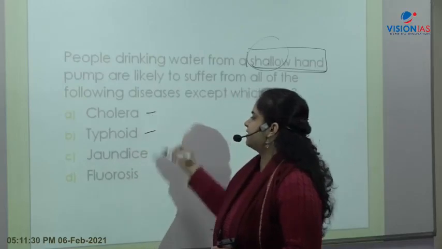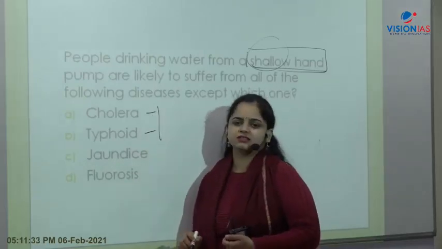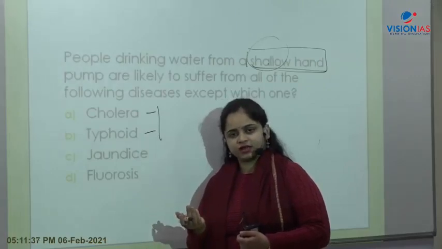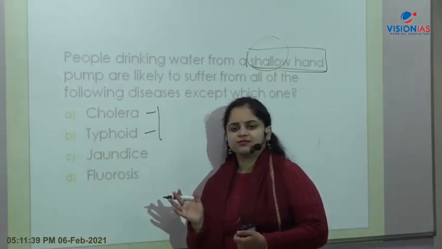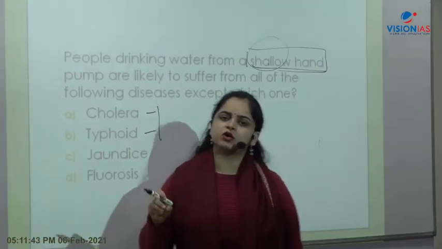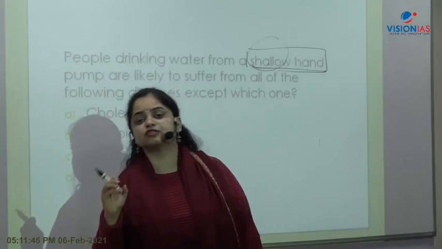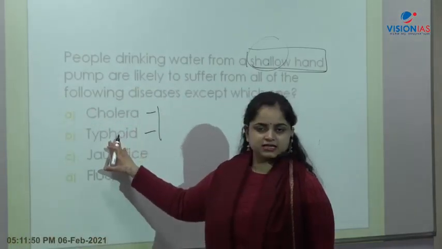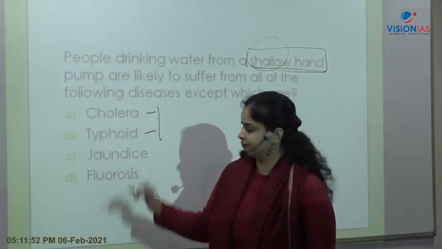See, cholera and typhoid are bacterial diseases caused by contamination of water. Both cholera and typhoid occur because of polluted water, because of microorganisms, in particular bacteria in this case, present in water.